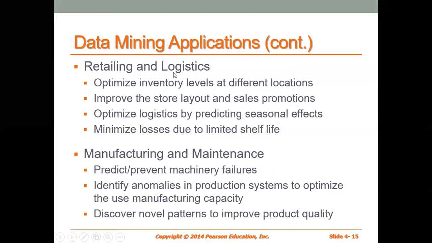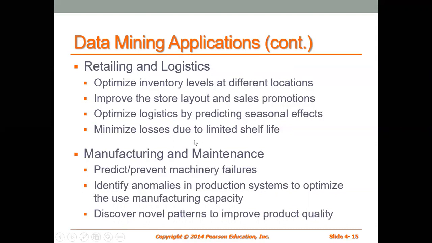Now retailing: it can be used in logistics, like optimizing inventory levels, improving the store, optimizing logistics, and minimizing losses due to limited shelf life. For example, some items have expiry dates, like food items, especially milk, which has a very short lifetime, or meat items.